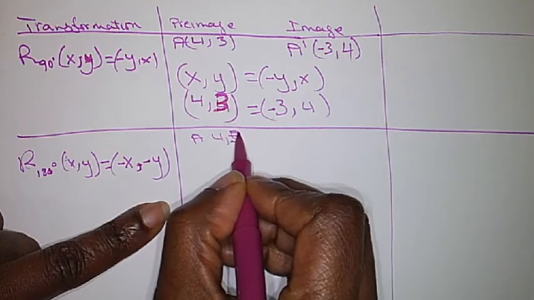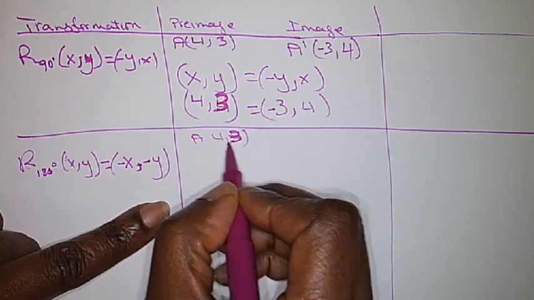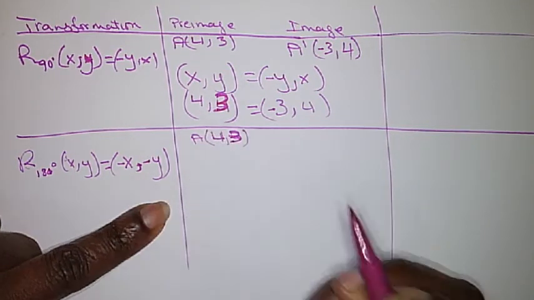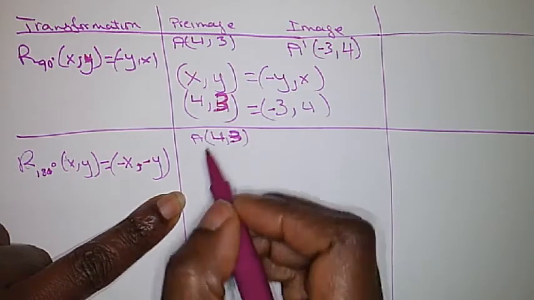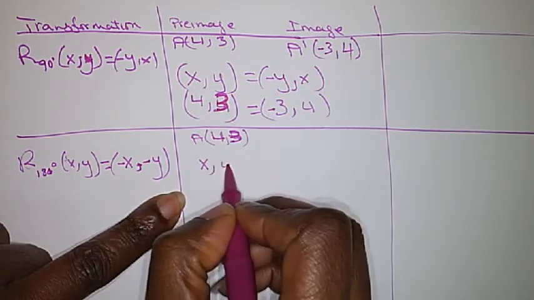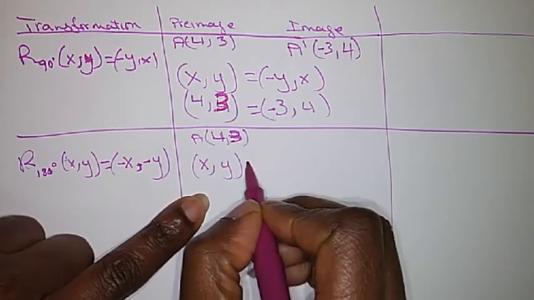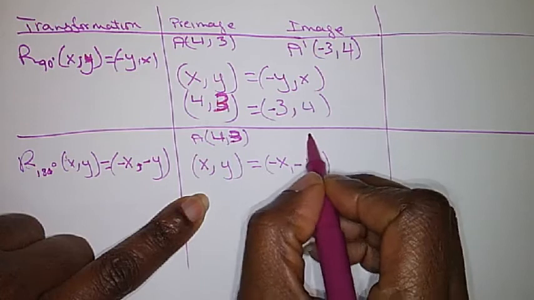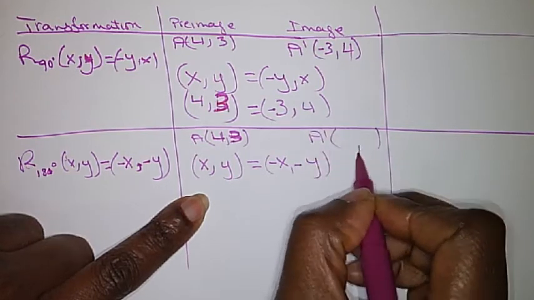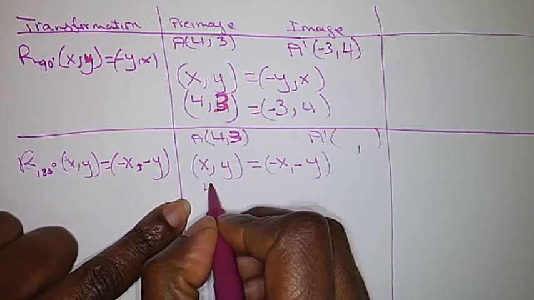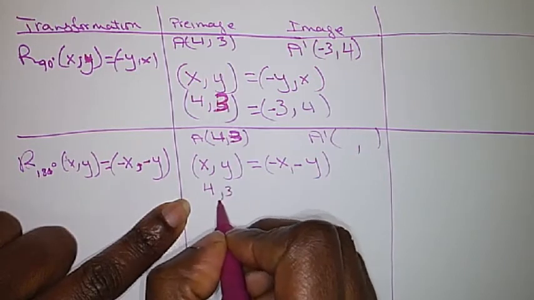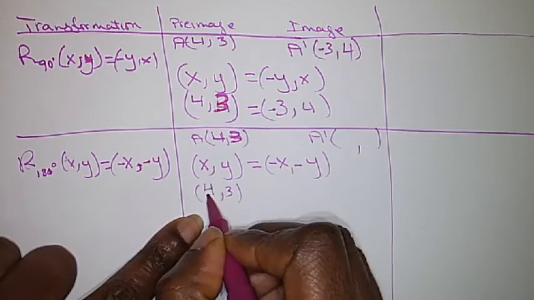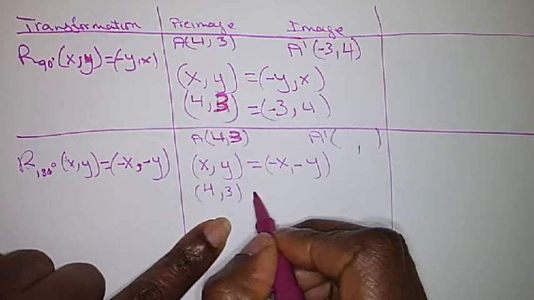Let's use the same coordinate point again, 4, 3. I'm going to rewrite my rule again: negative x, negative y. So x is 4, y is 3.